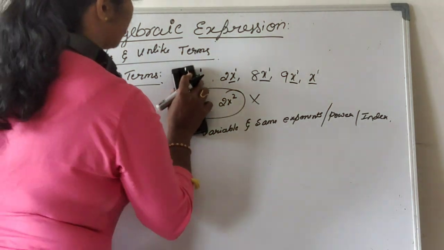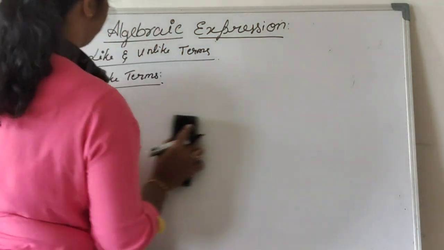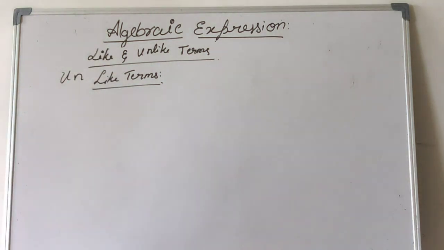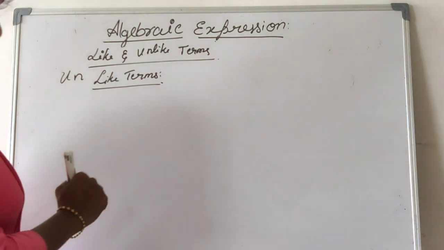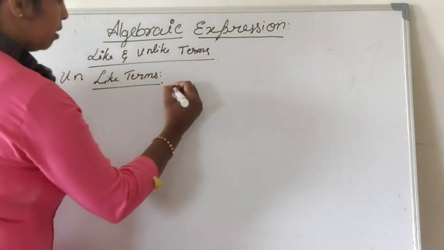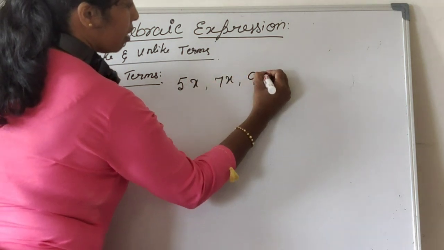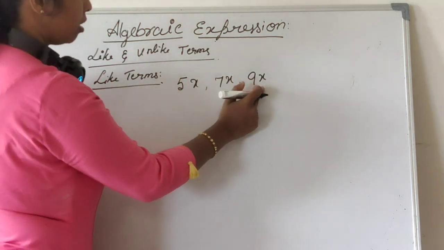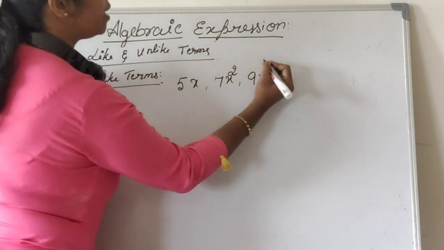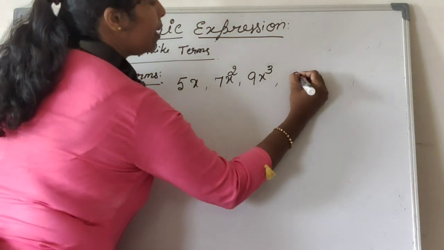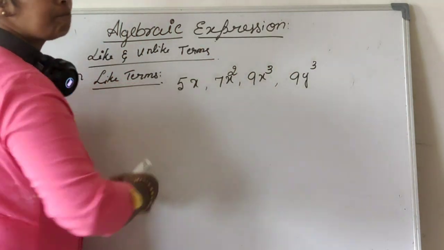So unlike. Next we go for the unlike terms. What is meant by an unlike term? Terms having the same variable, now it is like, but the exponents may be different, or the variable may be different and the exponent may be same.